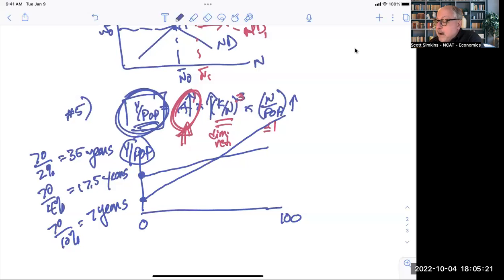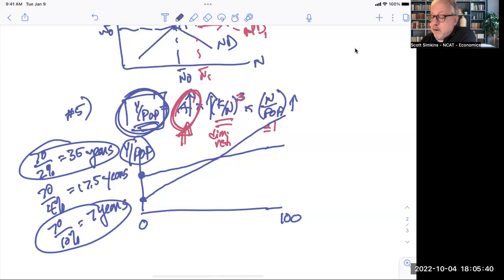And we can plot out the path of the countries and how long it takes for GDP per capita to double. Let's take the extreme one here. In 35 years, the GDP per capita might double in an economy that's growing at 2%. Let's say that's the rich economy.